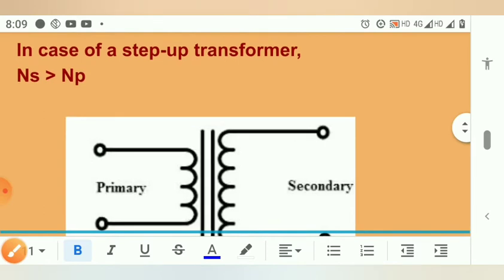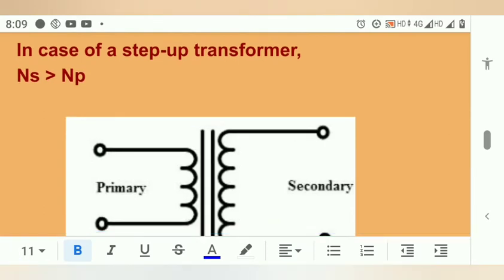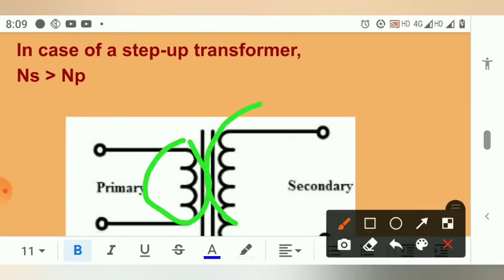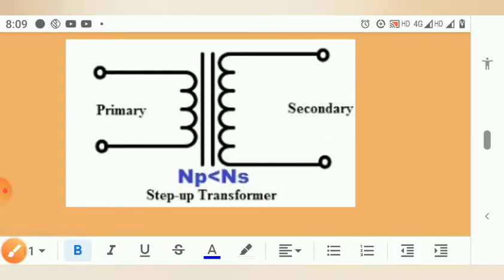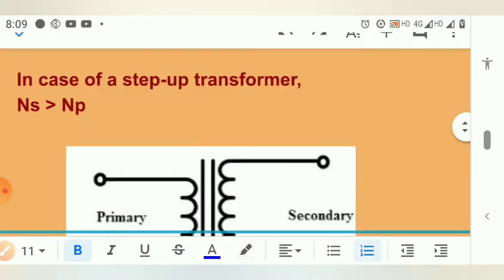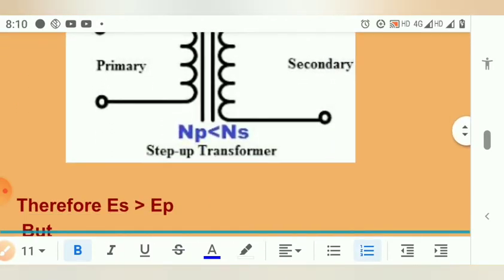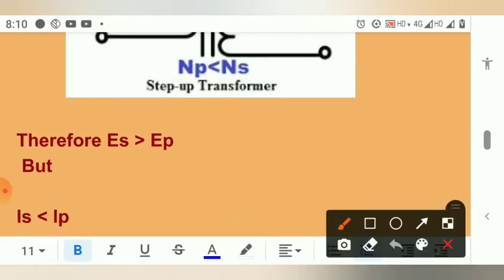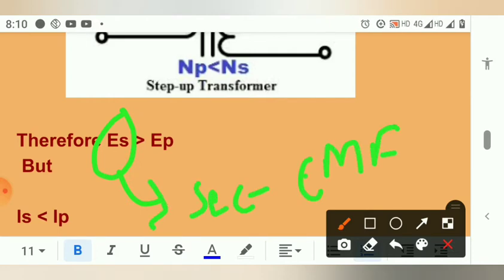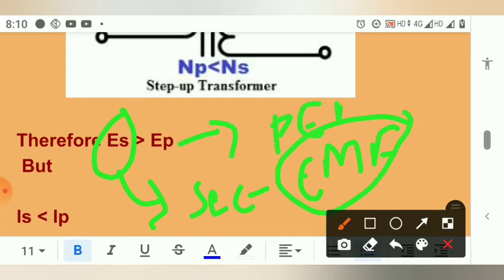We can see the primary has fewer turns and the secondary has more. So NP is less than NS in a step up transformer. Therefore ES is greater than EP. ES means secondary EMF, and EP is primary EMF.